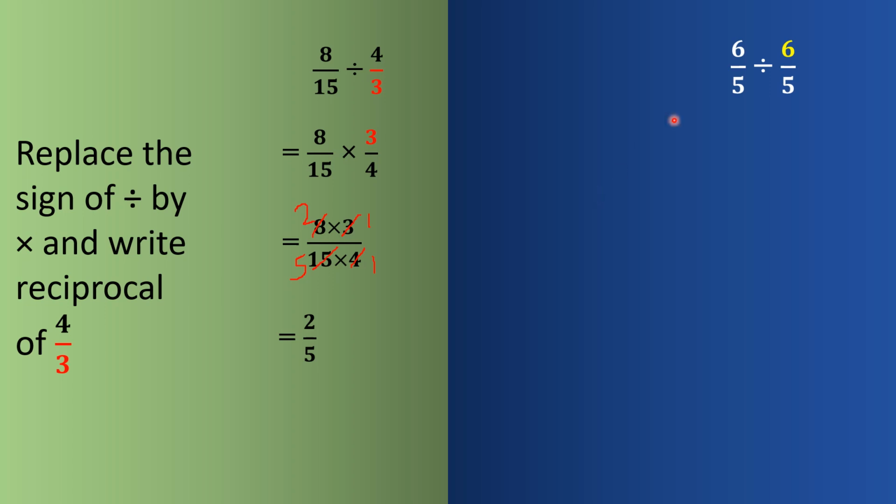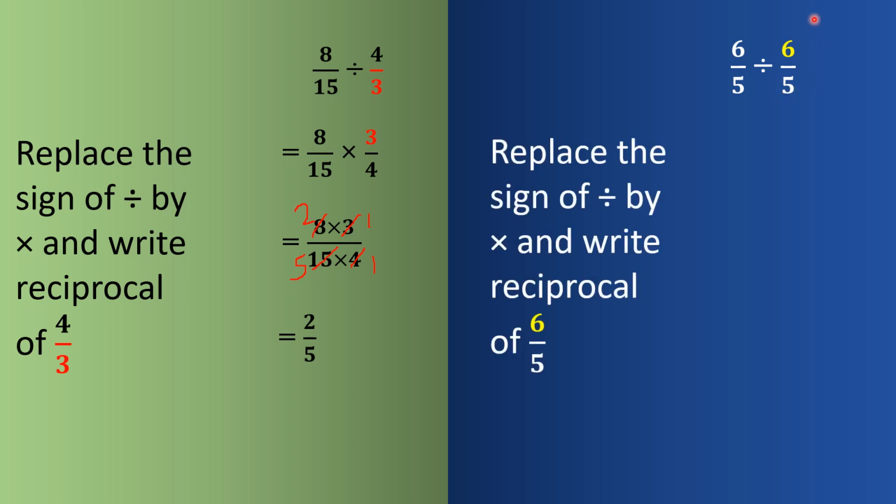Next question is 6 by 5 divided by 6 by 5. Here this first number is called dividend and this 6 by 5 is our divisor. Here also we will replace the sign of division by multiplication and we will write the reciprocal of this divisor 6 by 5.